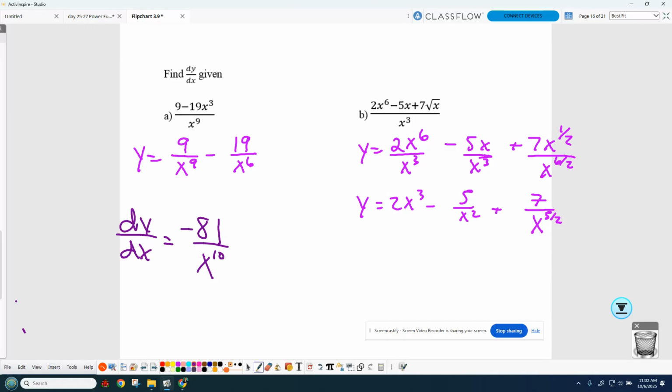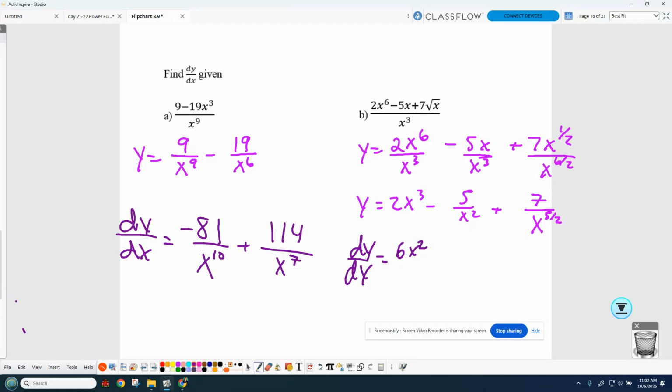And then lowering the power from -9 down one more is -10. 6 times 20, 120 minus 6, 114. And this one, multiply by the power, lower the power. This guy, multiply by the power, lower the power.